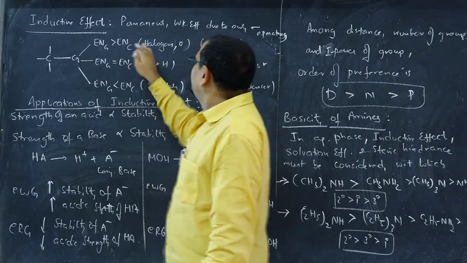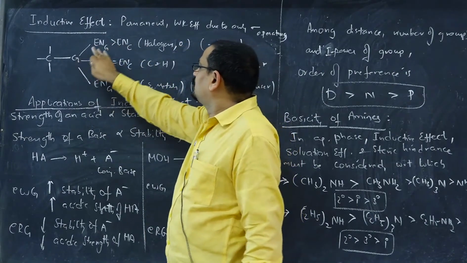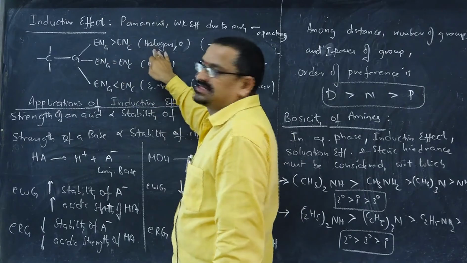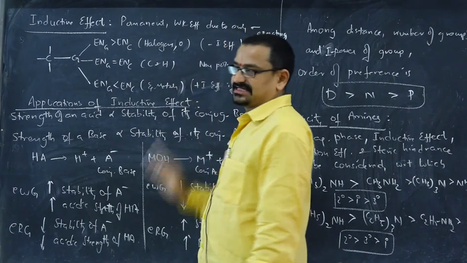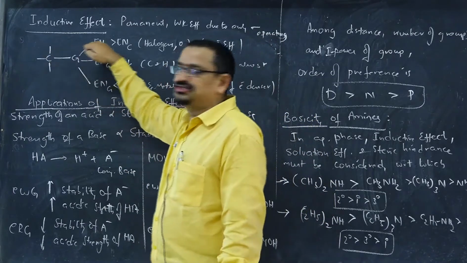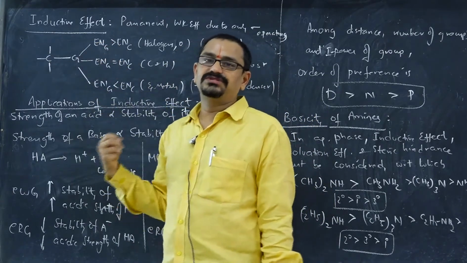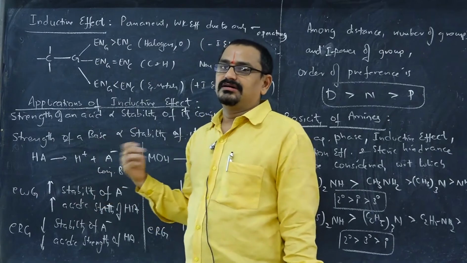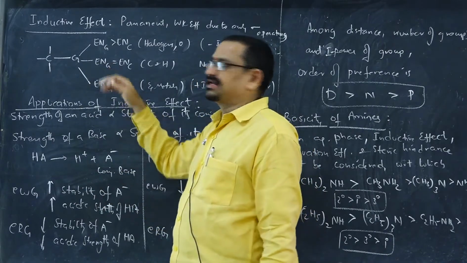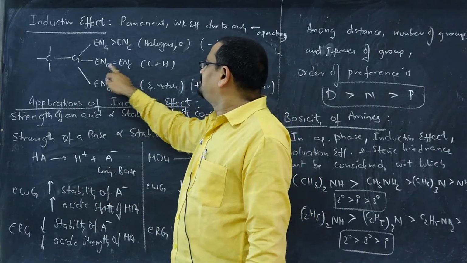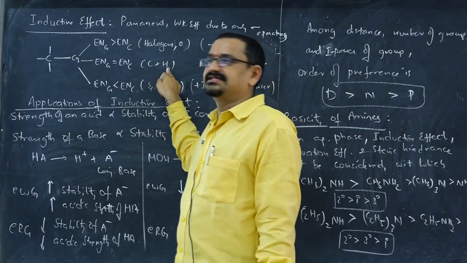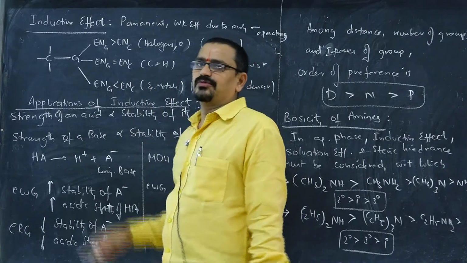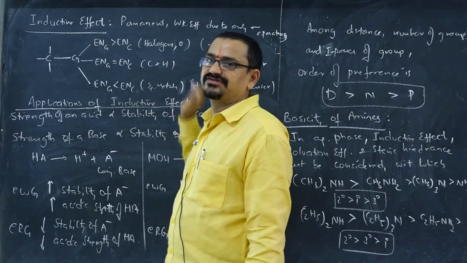If the connected group is more electronegative than carbon, for example halogens, oxygens, etc., then it leads to the minus I effect, because the bond will be polarized towards the group. Group G will be more electron dense because of polarization. If the electronegativity of G is equal to that of carbon, for example carbon and hydrogen, a very small difference is there, 2.5 and 2.1.